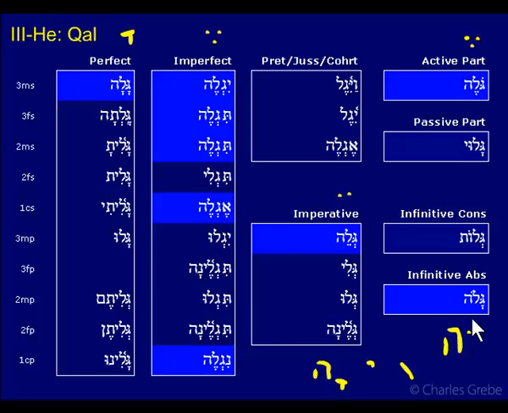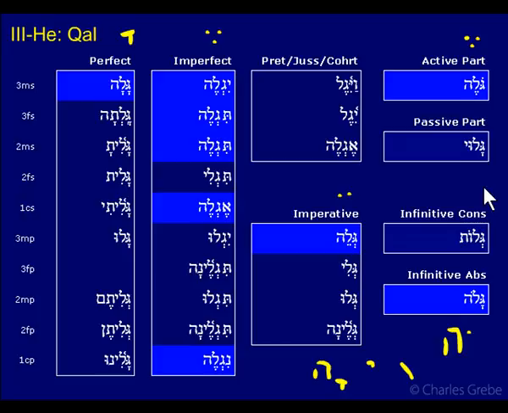So it's not surprising that we have a holem here. That's consistent. The other three, Hitpael, Hifil, and Hofal, have tsere. So it's either holem vav or tsere for the infinitive absolute. And because this is Kal, we'll have the holem. Okay, so that's our first rule: we have a mater he with some sort of vowel, and it's different vowels in different places.